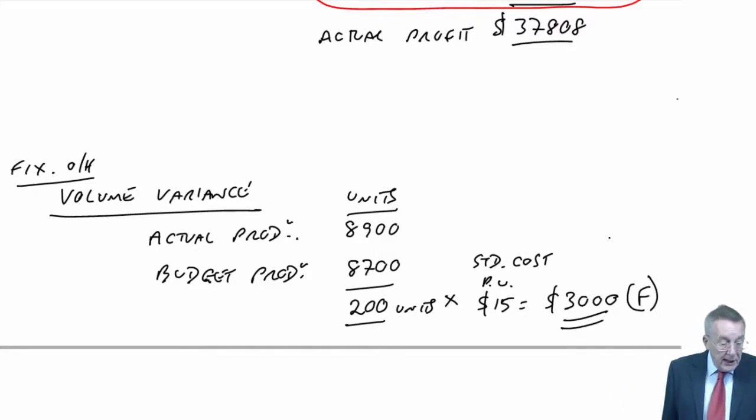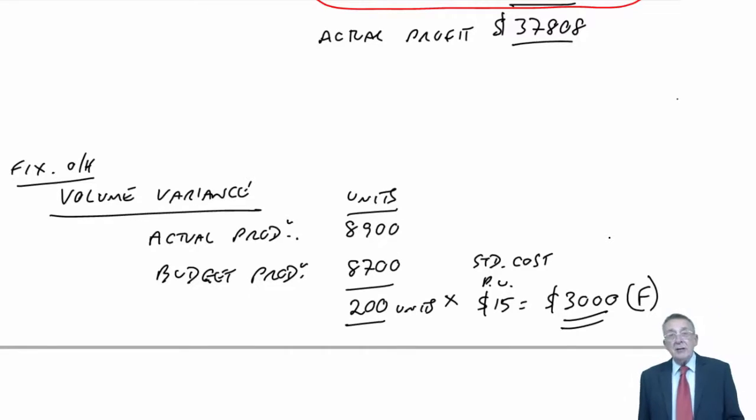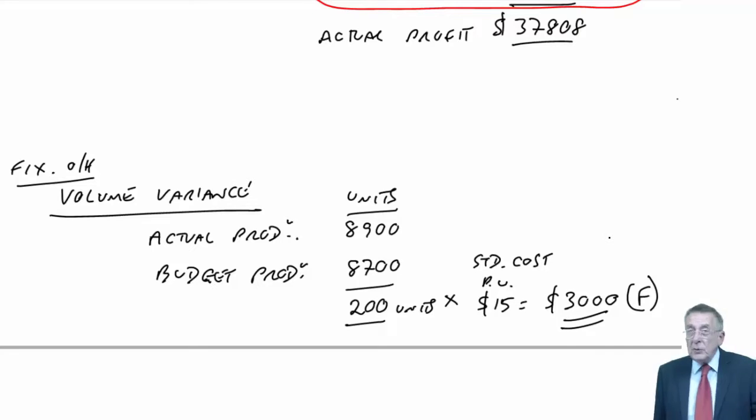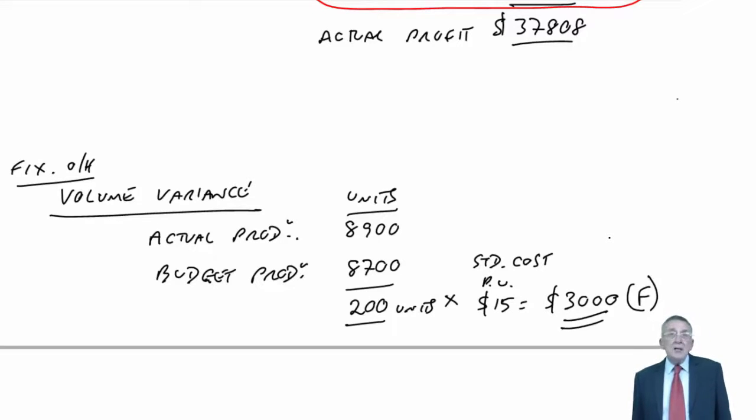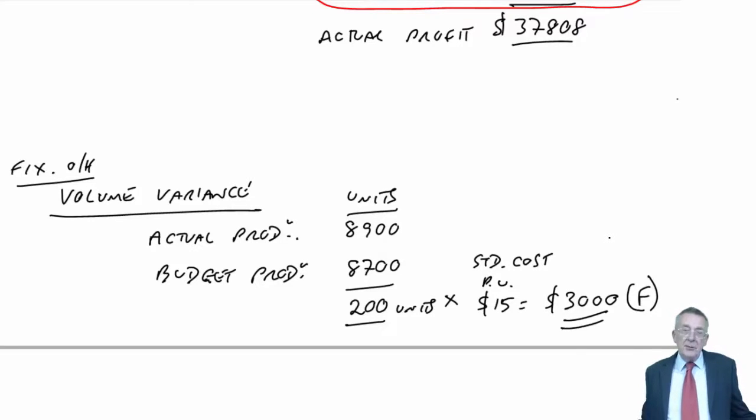When we did our budget, we budgeted on producing 8,700 units. Why didn't we budget on producing more? Maybe we could only produce 8,700 because we only had enough labour to produce 8,700.